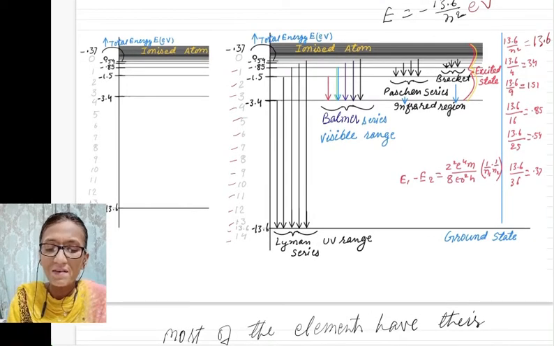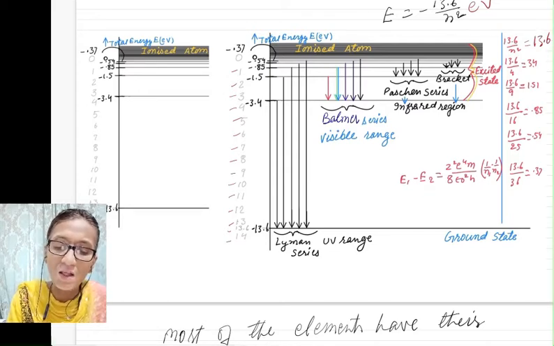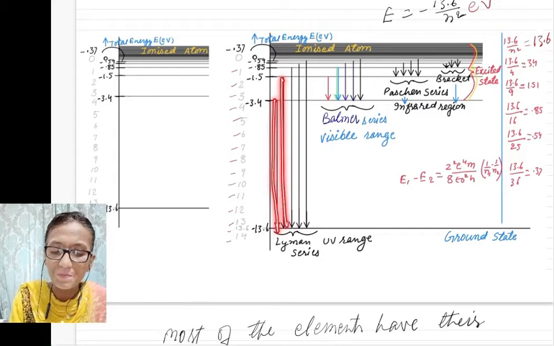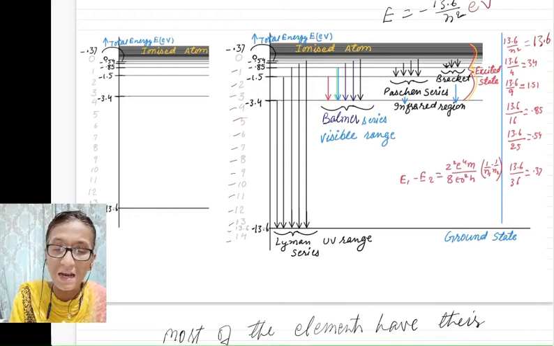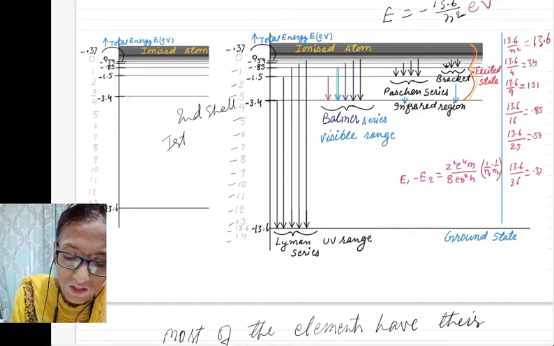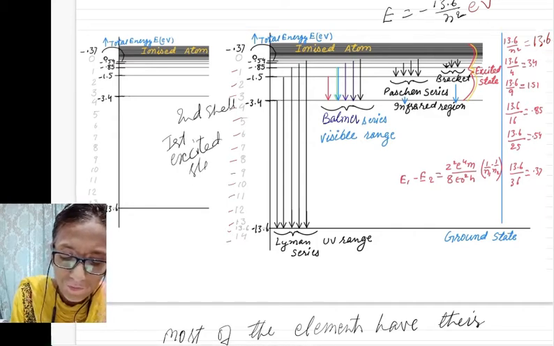So when electron jumps from all the excited states to the ground state, you can see from the second excited state, first excited state, and this is your second cell, and first excited state.